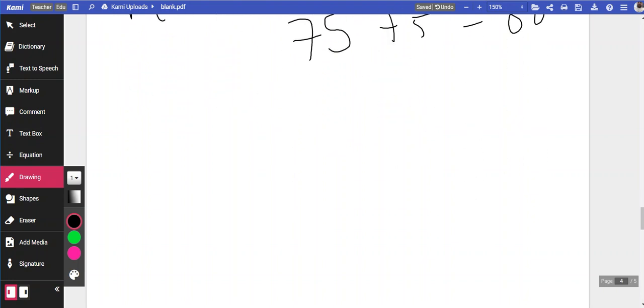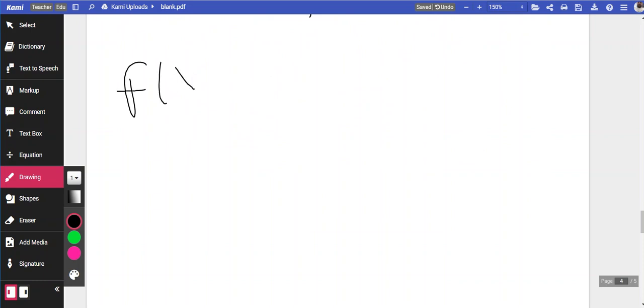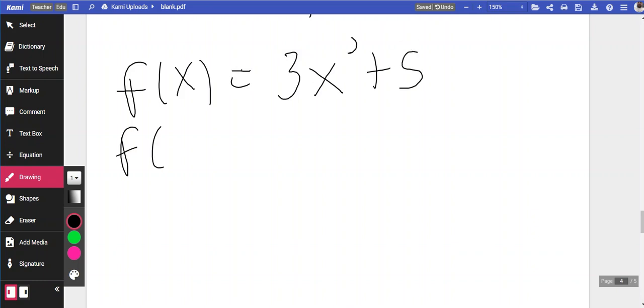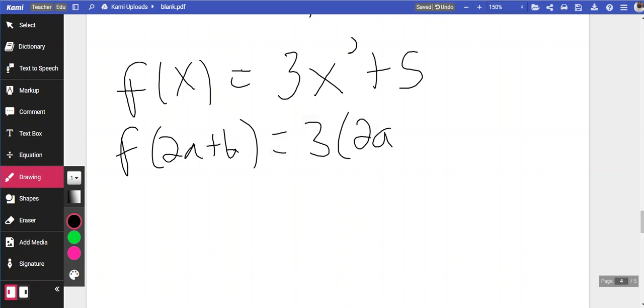That's all fine. What about the same function? If we have f of x equals 3x squared plus 5, and I want you to find f of 2a plus 6. That literally means that anywhere you see the letter x, you put in this entire expression that's in the parentheses.